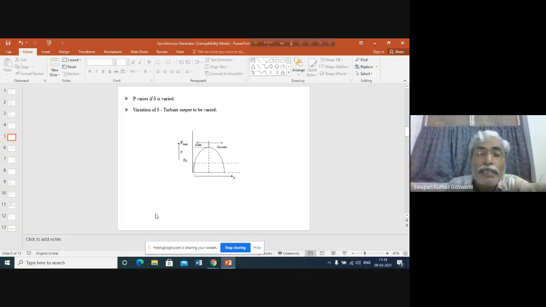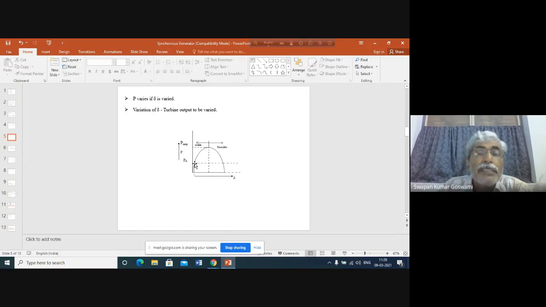You see here, this point is the output power P0, and assuming that this is the input power line, there is a difference between input power and output power. So obviously, this additional input given to the generator will cause the generator rotor to speed up. The generator speed will increase.